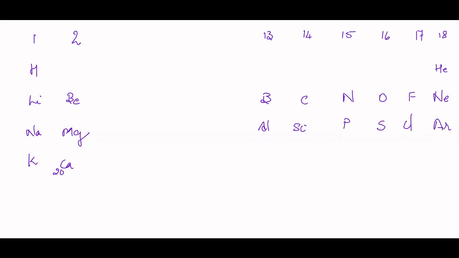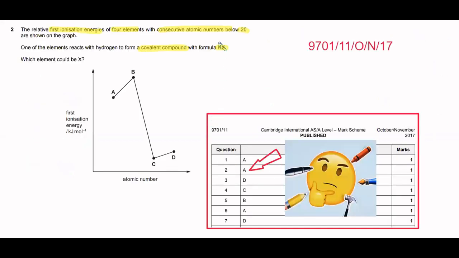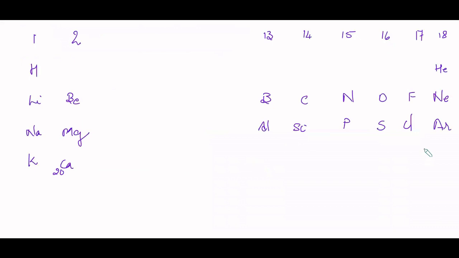Now, it's clearly stated that it is forming a covalent compound. And if you can go back, it is stated that it is HX, meaning the first element is fixed as hydrogen, the other element only is unknown. Since it's a covalent compound, the other element has to be from a non-metallic side.